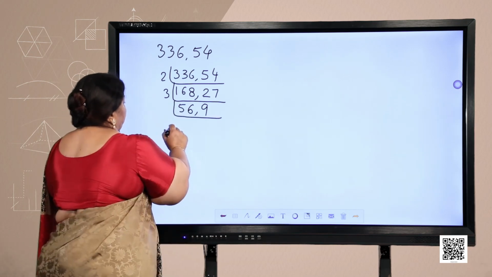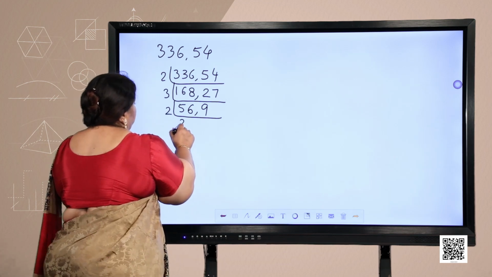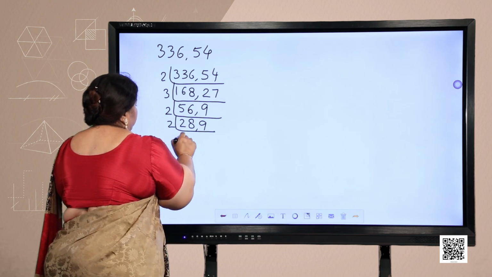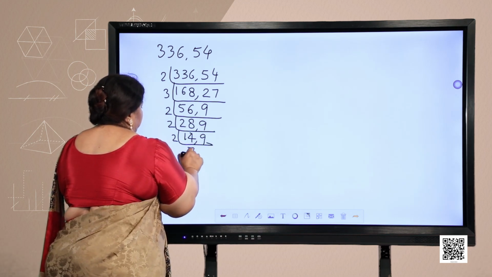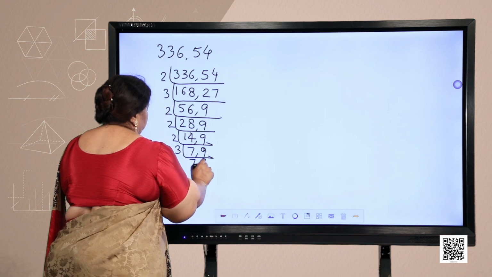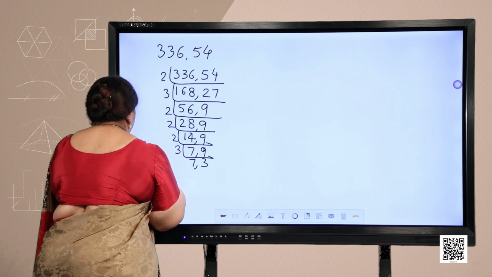So, again with 2, if I see 2 2s are 4, 2 8s are 16 and 9, 2 14 into 9, 2 7 into 9, 3 into 3. So, what are the factors here?